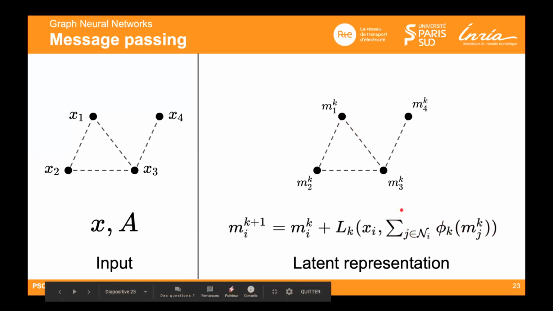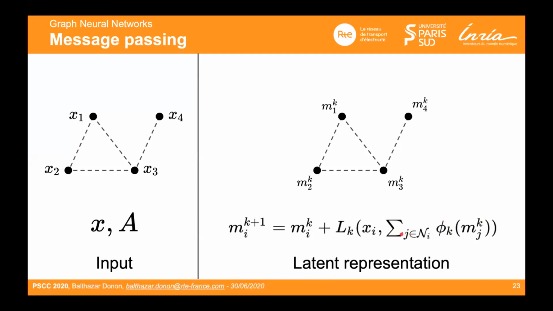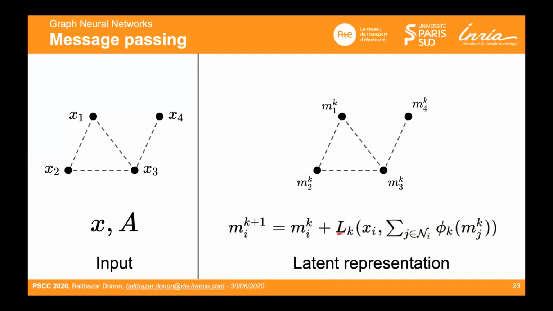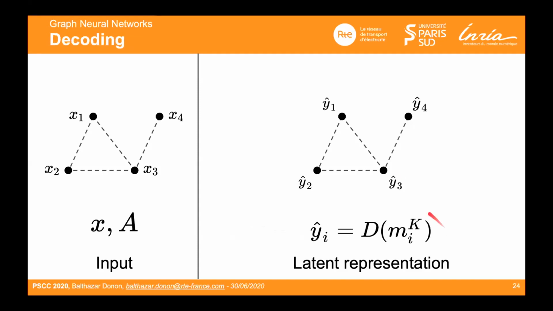It's really important to take the sum here, because otherwise we would have a neural network that has an input that varies in size. So by taking the sum, we make sure that this term is always of the same size. Okay, and this function L_k and this function phi_k are actually neural networks that we will train.